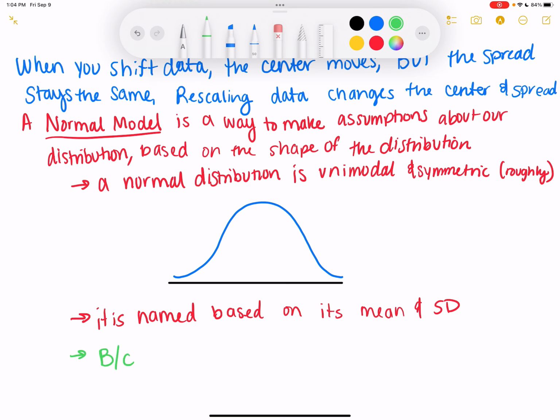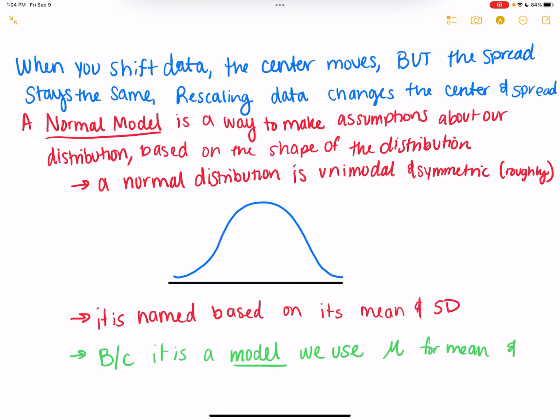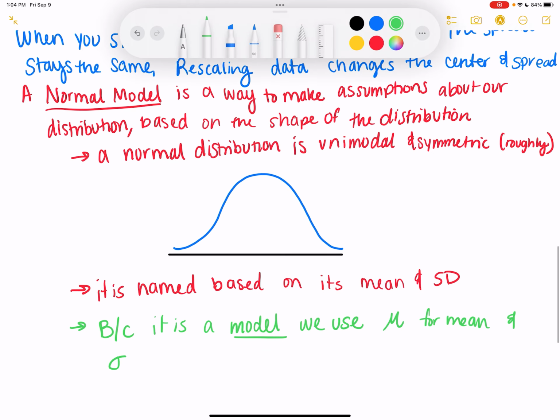Because it is a model, we use mu, the fancy U Greek letter for mean, and a sigma, which kind of looks like a sideways 6, for standard deviation.